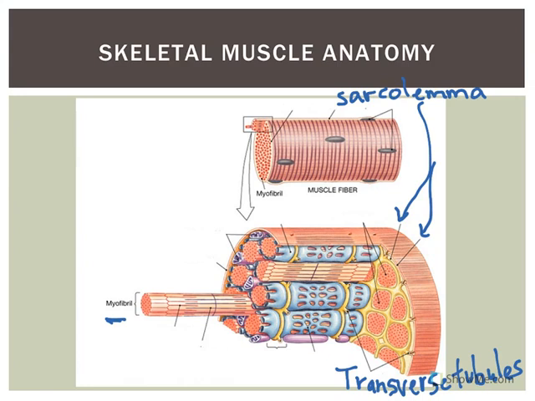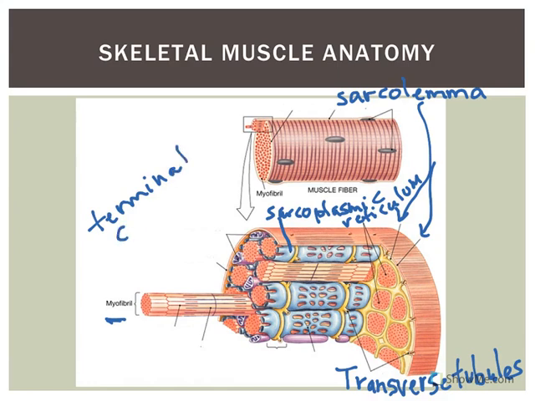Now, over here, what you see in the blue is referred to as the sarcoplasmic reticulum. And actually, where this line is going is what we refer to as the terminal cisterna.